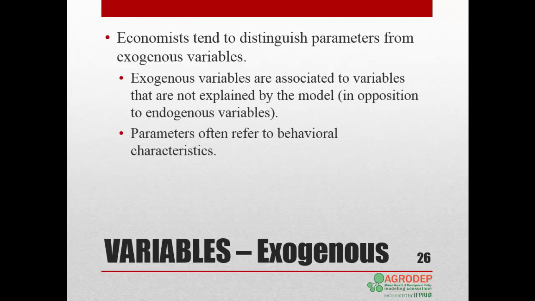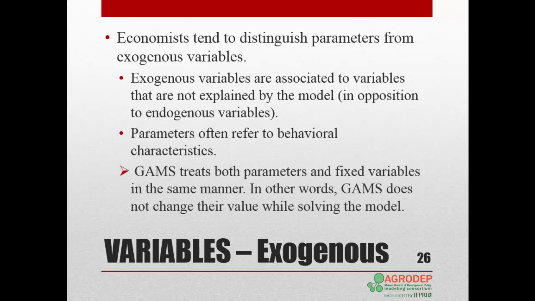Parameters often refer to behavioral characteristics. GAMS treats both parameters and fixed variables in the same way. In other words, GAMS does not change the value of fixed variables while solving the model. On the other hand, the value of free variables changes when solving the model.